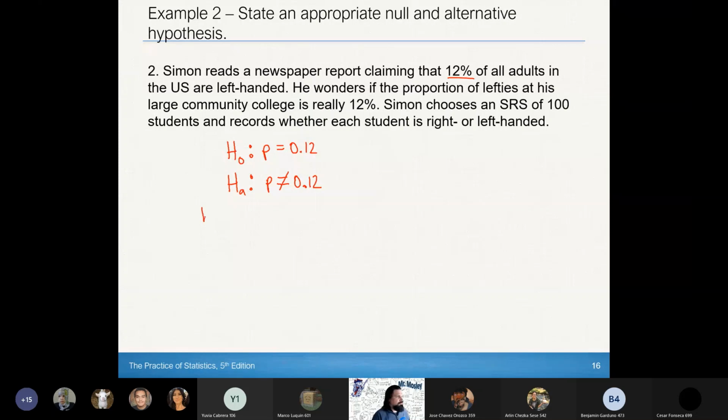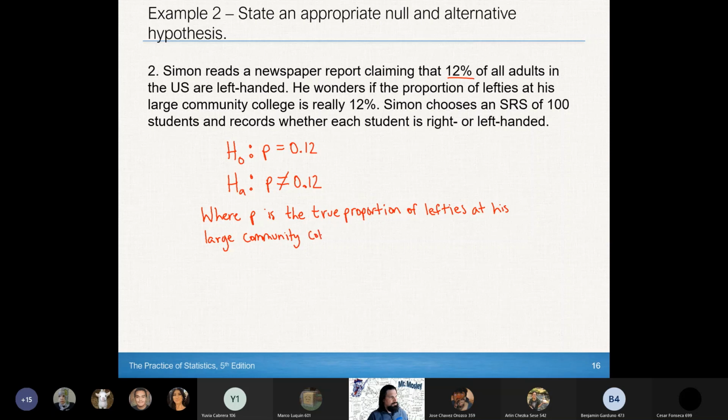And then again, clearly identify what P is. So is there anything I can clarify about this example?